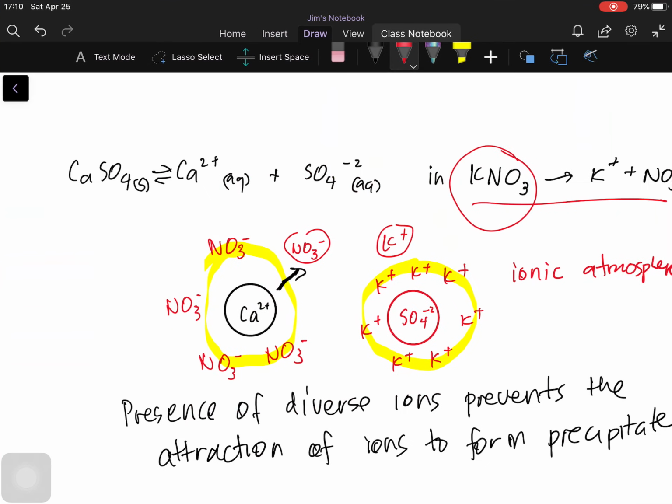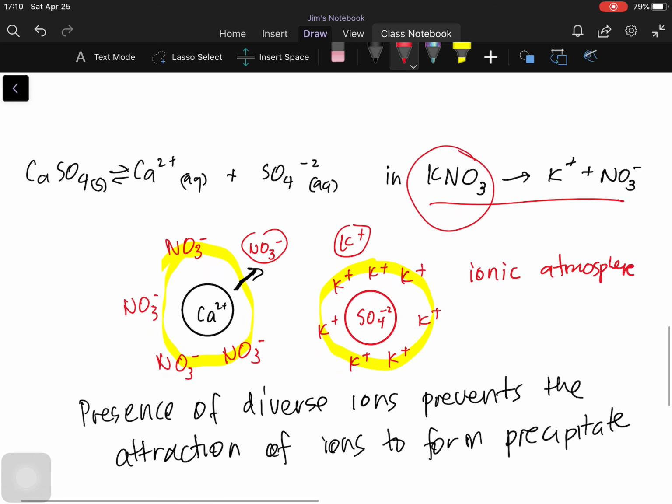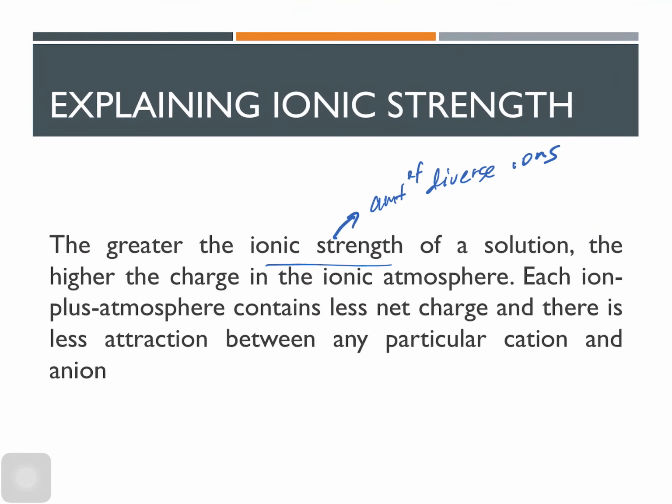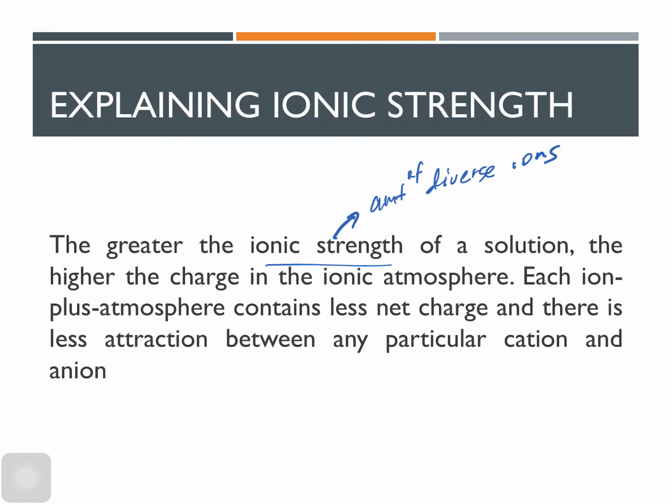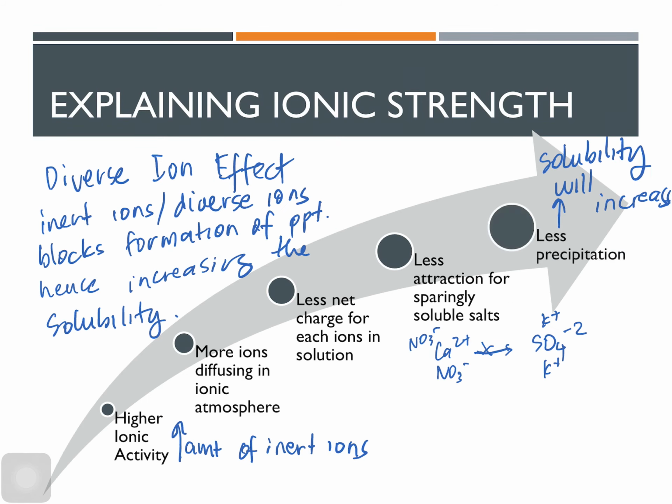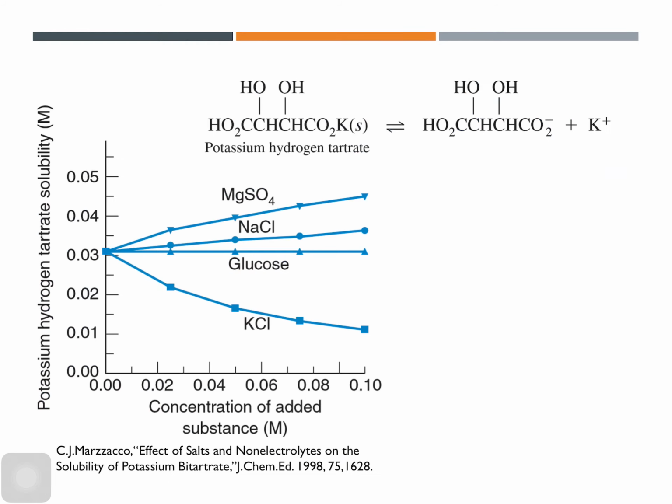In this case, that's calcium and sulfate. That means lesser attraction for those original ions, hence lesser chances to form the precipitate, or in other terms, the solubility will increase.